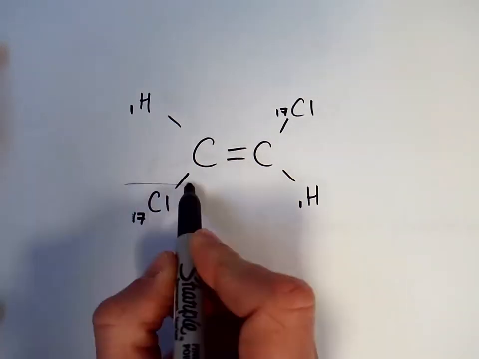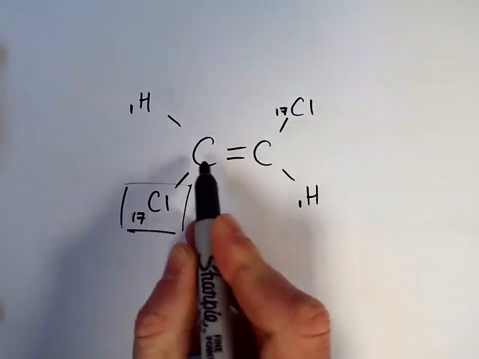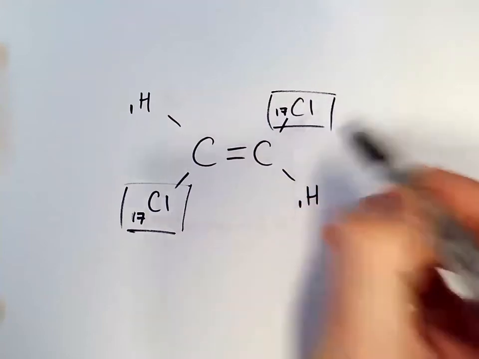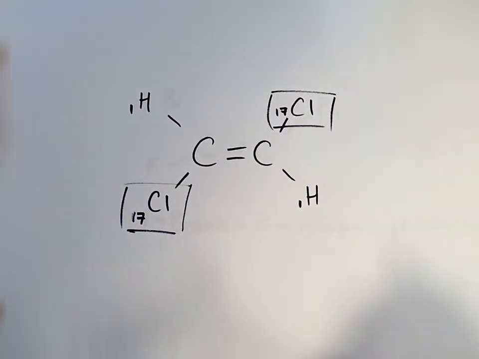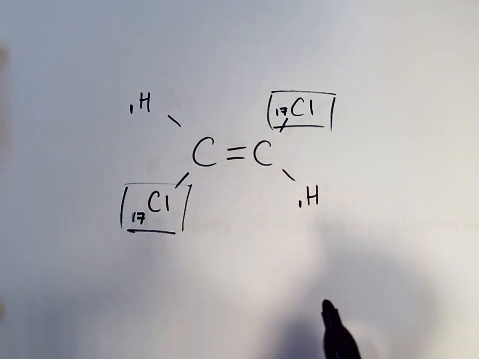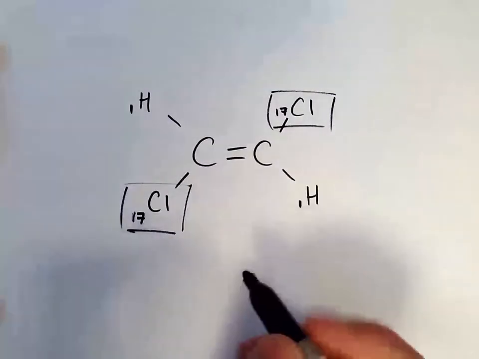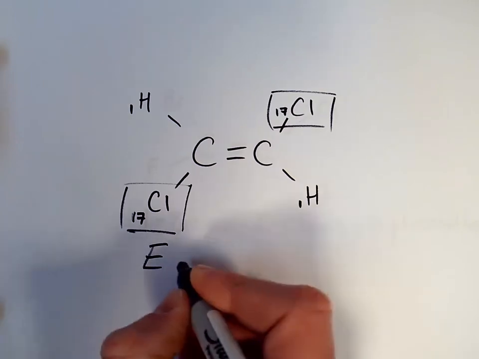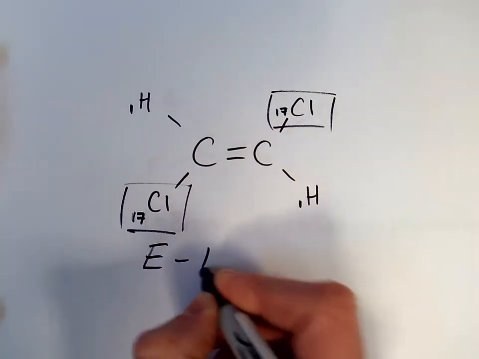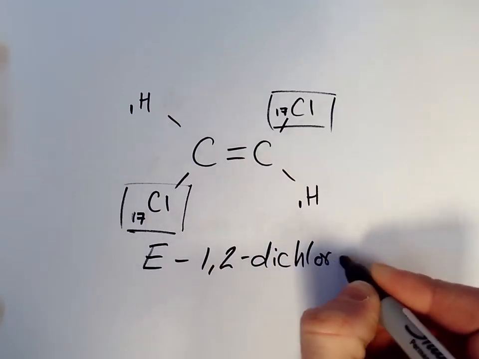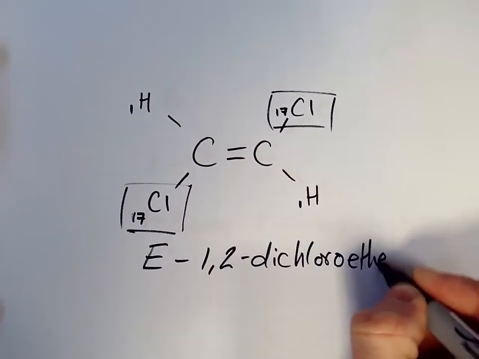So in this case, that's the chlorine here, that has the highest priority on this carbon, and then on this side over here, the chlorine over here also has the highest priority. And we write either an E or a Z to denote whether or not the highest priority groups are on the same side or opposite sides of the double bond. So in this case, because they're on opposing sides of the double bond, this becomes an E isomer, and so we would call this E-1,2-dichloroethene.